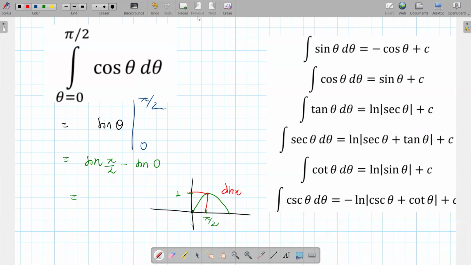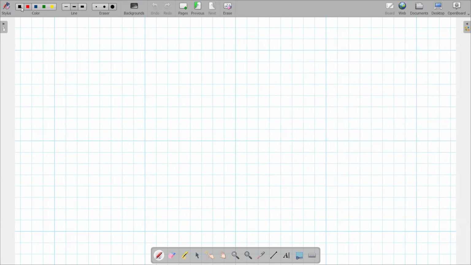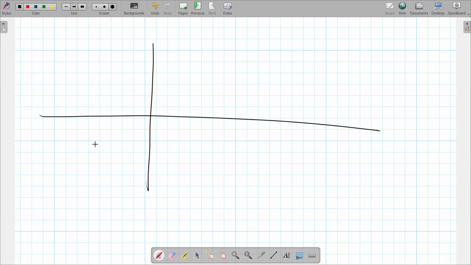It's sometimes helpful to remember what sine and cosine look like. Sine starts from the origin, goes up, and comes back down. The maximum value is 1, and that happens at pi over 2, which is 90 degrees. It comes down to the x-axis at pi, which is 180 degrees, and then to its minimum value.